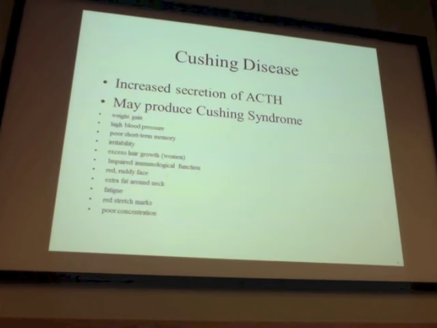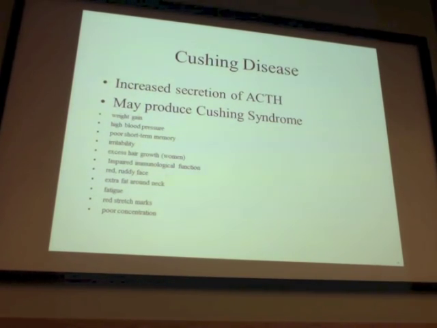And so what do you get? Somebody that either takes too much exogenous steroids, or has, say, a tumor in the pituitary gland that secretes ACTH, is going to have weight gain. It'll increase the blood pressure. It actually affects your memory; it changes your short-term memory.